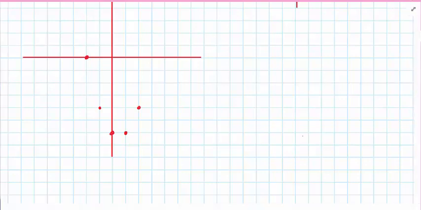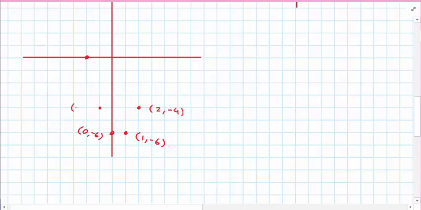All right, so the axis of symmetry is going to be between the middle of this one and this one. If I look at these two points, they are 0, negative 6, and 1, negative 6. Now, I could also find the axis of symmetry using these 2 points, 2 and negative 4, or negative 1 and negative 4.